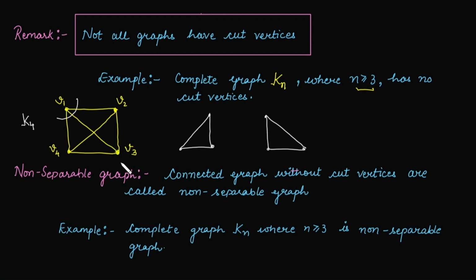And if you remove V3, you will get a triangular form between the vertices V1, V2 and V4, and still the graph is connected. And the same for V4. So in this case, we are not getting a single cut vertex. Such a graph is called a non-separable graph. A connected graph without a cut vertex is called a non-separable graph.